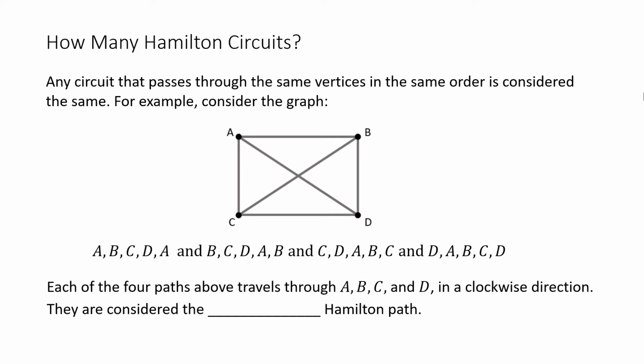The paths A, B, C, D, A and B, C, D, A, B and C, D, A, B, C and D, A, B, C, D. Each of the four paths above travels through A, B, C, and D in a clockwise direction. They are considered the same Hamilton path.